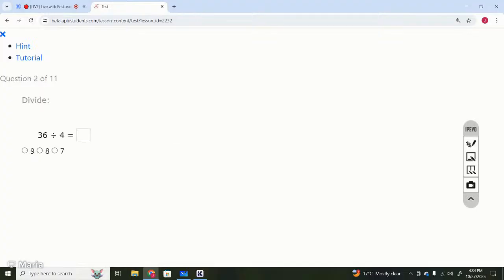I don't know what's wrong with this page now. So 36 divided by 4, which is the correct option? 4 times 9 is 36.